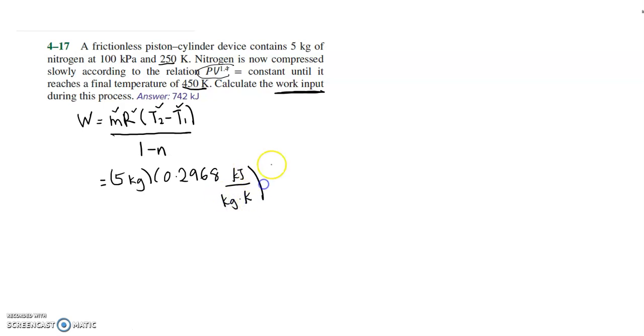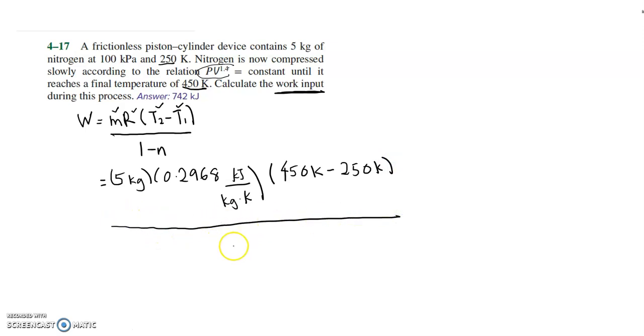Okay. T2 450 K minus 250 K. Divide everything by 1 minus 1.4.